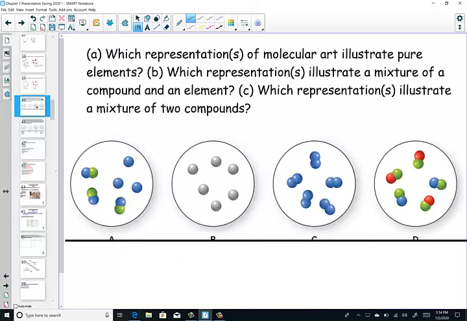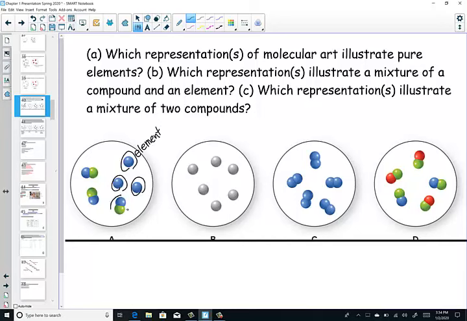Which representations of the art below here illustrate pure elements, a mixture, a compound, an element, and which is a mixture of two compounds? Well, let's kind of break this apart. Here I have three identical blue atoms, which I know those to be an element, just one kind of atom.